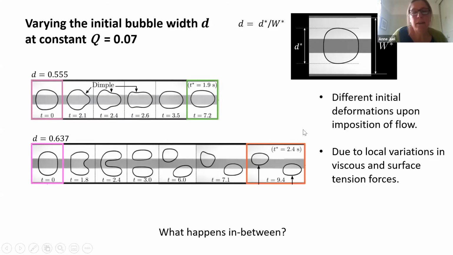And you can explain these different deformations, at least qualitatively, in terms of the fact that there are local variations in viscous resistance across the channel and surface tension forces, and depending on how much of the bubble sits on either side of the rail, you can get different deformation. But really here, what we are interested in is what makes this transition between ending up with a single bubble and ending up with 2 bubbles.